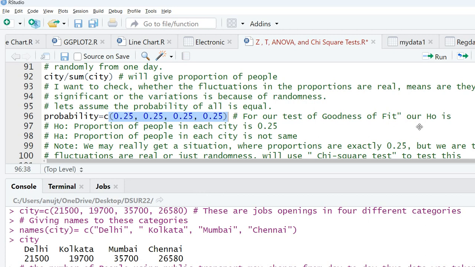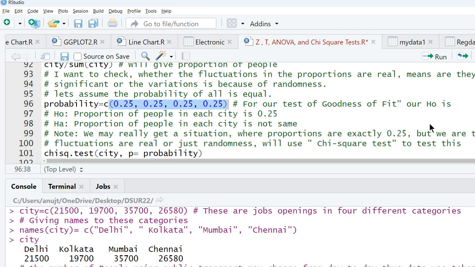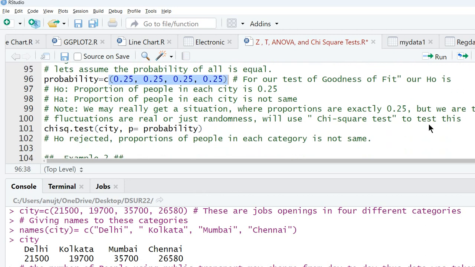Okay. So I will apply the chi-square test over here. We may really get a situation where proportions are exactly 25%, but we are testing whether the fluctuations are real or just randomness. So we'll use the chi-square test to test this.